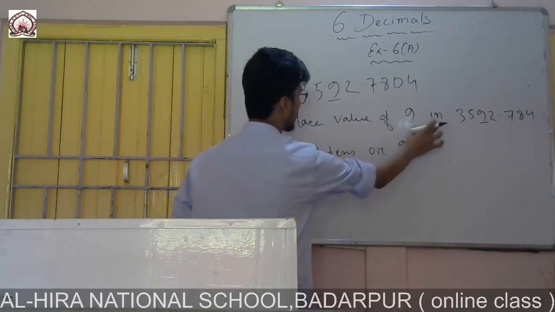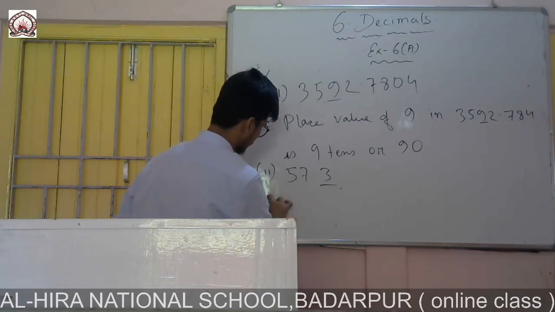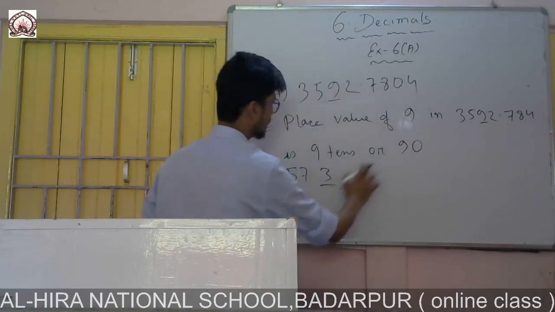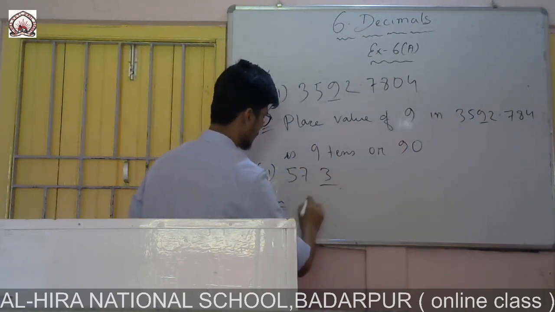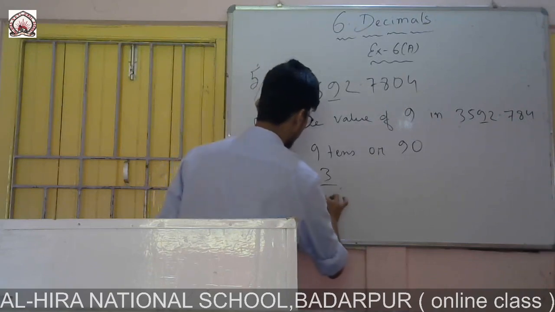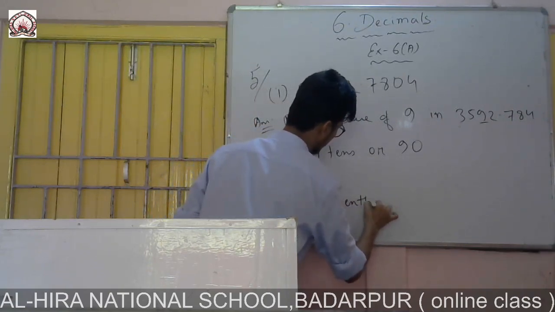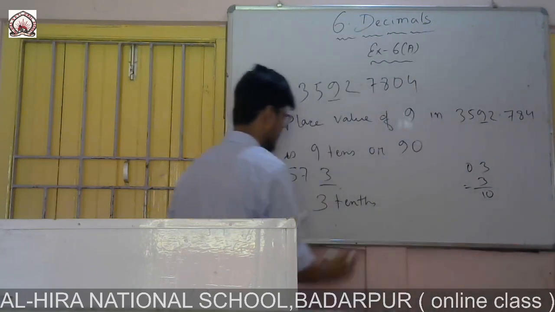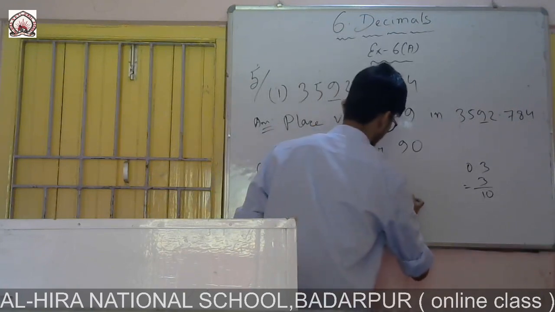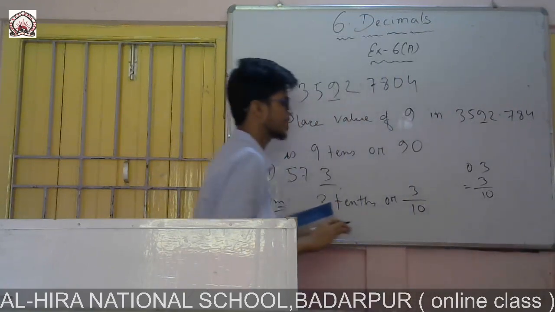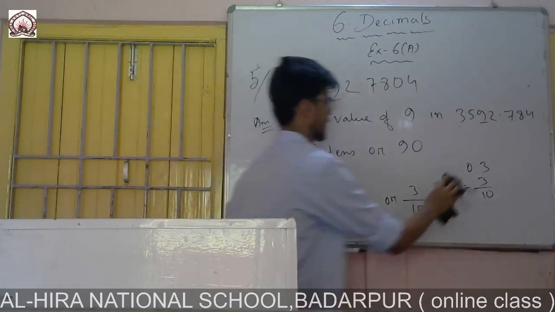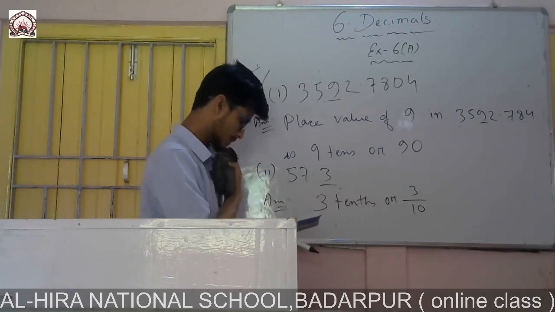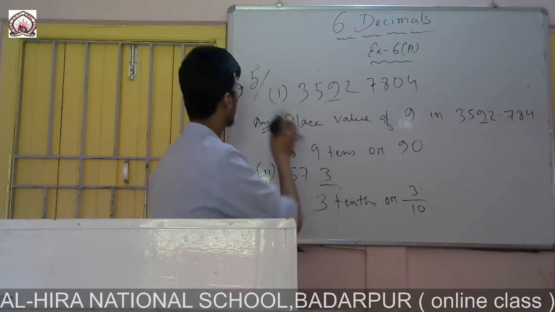Directly you write, place value of 3 in 57.3 is 3 tenths. 0.3 means 3 tenths, we write it as 3 tenths or 3 by 10. Okay, now you do Roman number 5, you see.